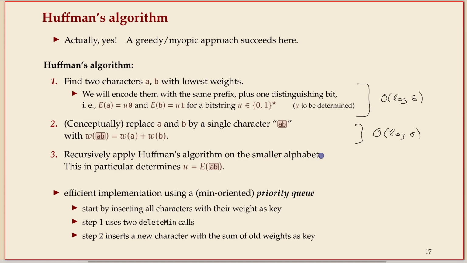And so the recursion itself, you can unroll that into a loop if you want. I think the example showed that quite clearly. So you're doing this overall sigma times until you end up with just a single tree. So the total time will be something like sigma log sigma.